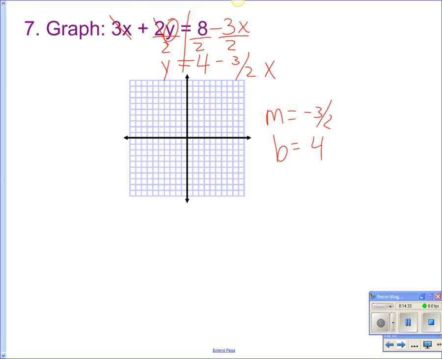And so my B is 4. My B is 4. Okay. All right. Andrea, help me graph this. Okay. Good job.